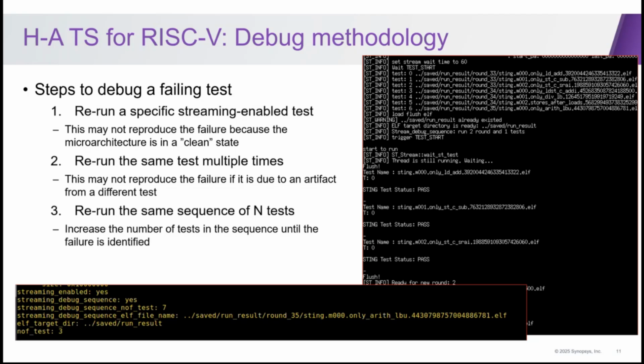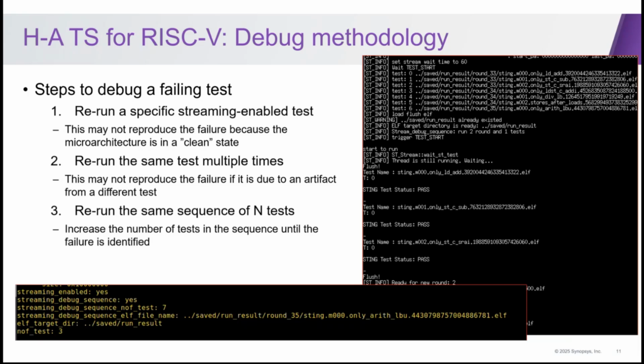So we allow the user to specify, in a YAML file, that this is my target test that failed, but I want to rerun this test and another 6 tests before this one. You can specify numbers. Then we will rerun these dedicated tests for you. Should you run 5? Should you run 7? Or maybe 10? I don't know.